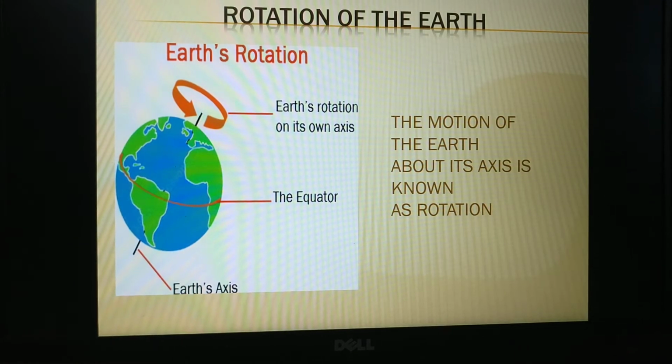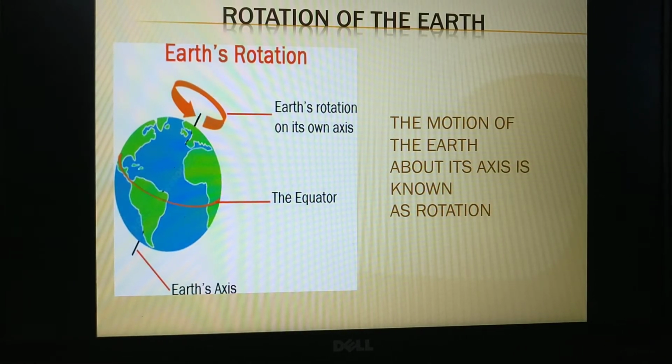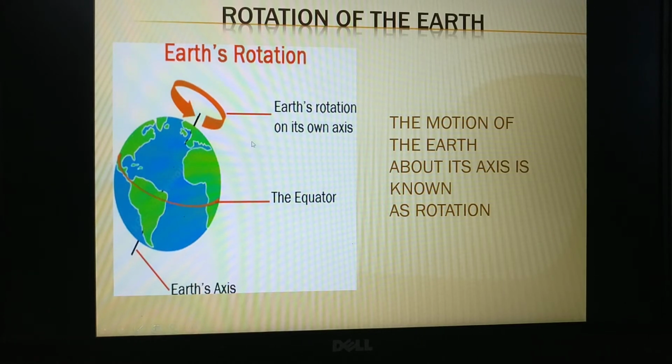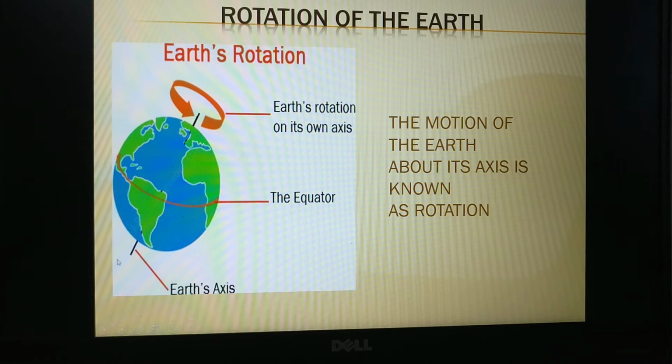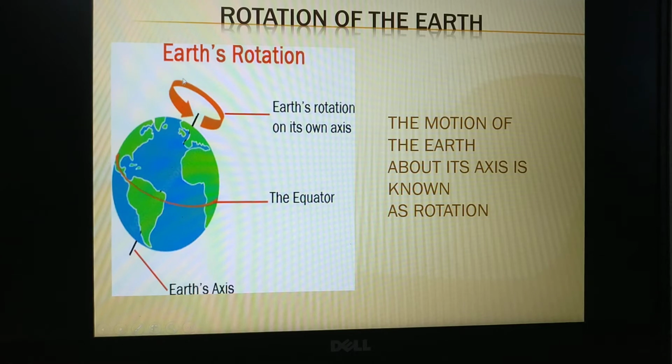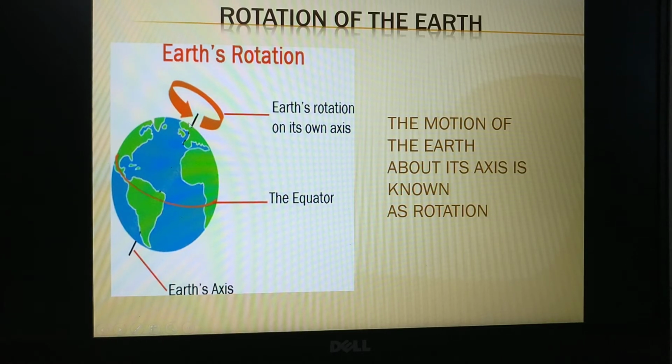The motion of the earth about its axis is known as rotation. So here you can see the axis, which I told you is an imaginary line, and this is the rotation of the earth on its own axis.